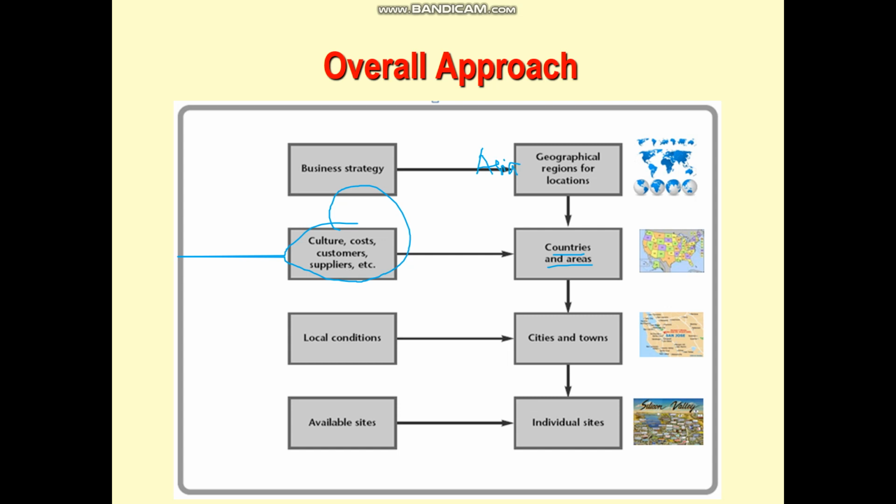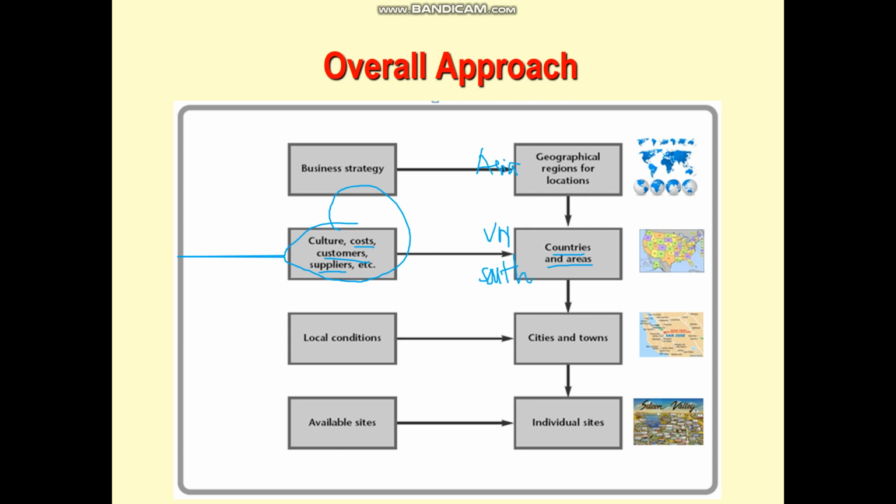Then based on culture, labor cost, your target customer and your potential supplier, you will determine the country, let's say Vietnam, and the area is South Vietnam, Southeast Asia, Vietnam, and South Vietnam.